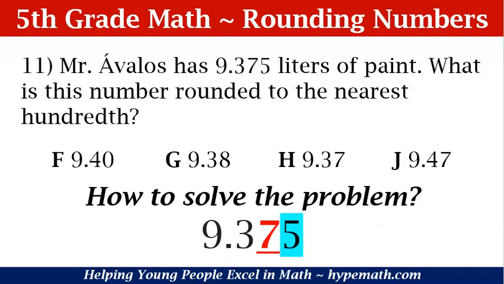We need to look immediately to the right at the 5. Do you remember what the rounding rule is if the number to the right-hand side of the rounding digit is 5 or more? Based on that rule, let's look at our answers so that we can determine what the correct answer is.